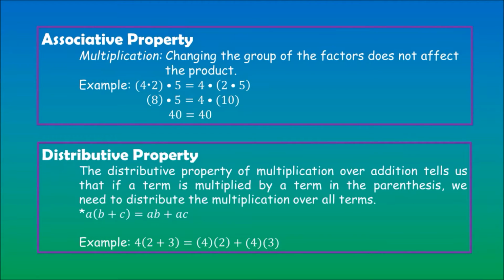So this property is denoted by the equation A times the quantity of B plus C equals A times B plus A times C, since A is distributed to both terms inside the parentheses. Example, we have 4 multiplied by the quantity of 2 plus 3. So we need to distribute 4 to both terms inside the parentheses. So it will become 4 times 2 plus 4 times 3.